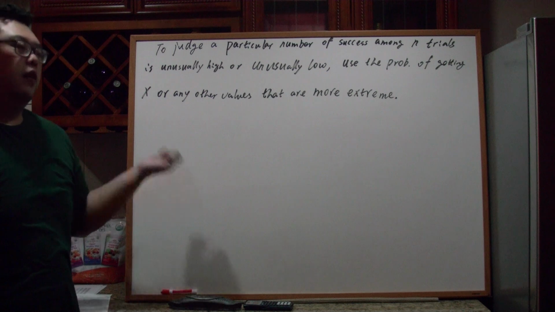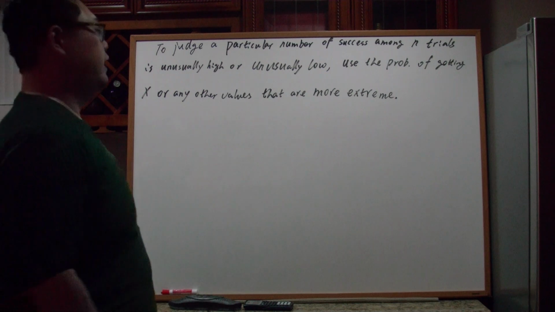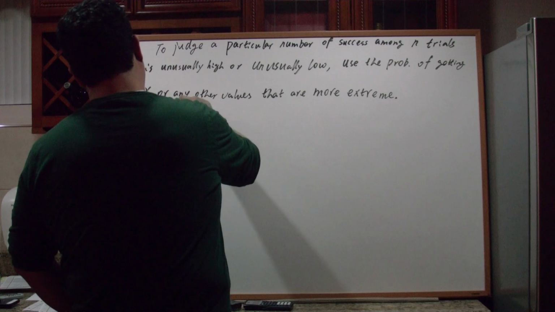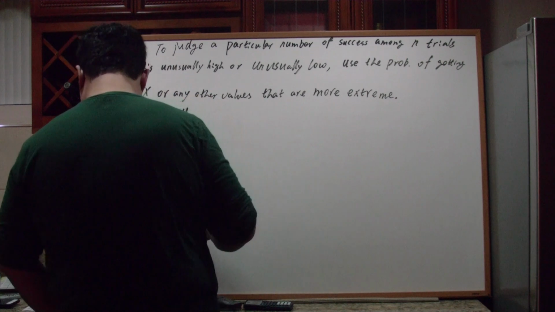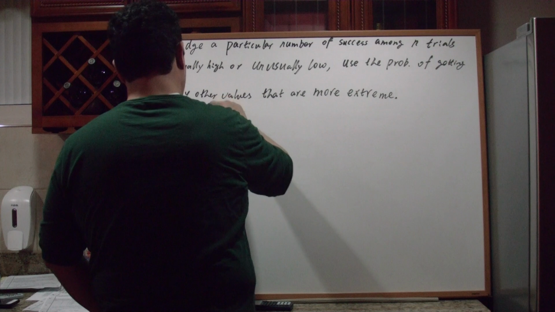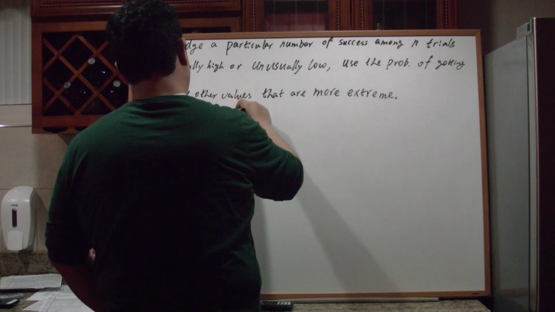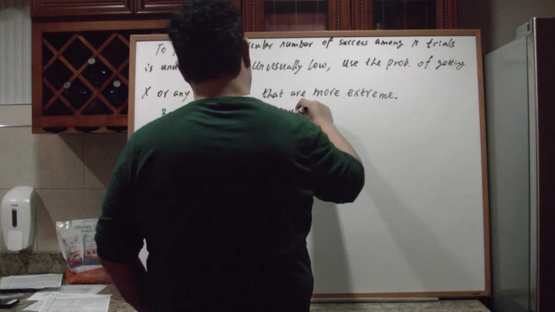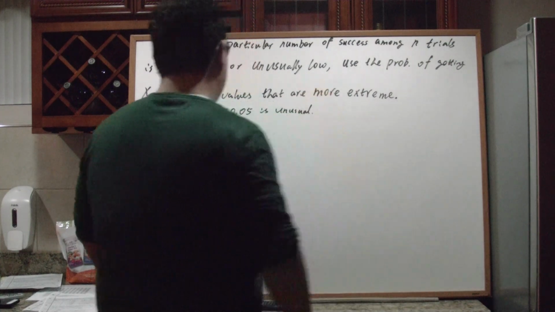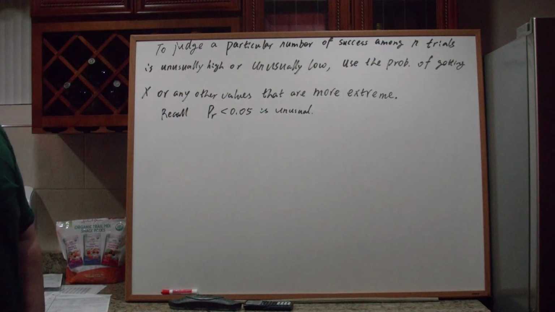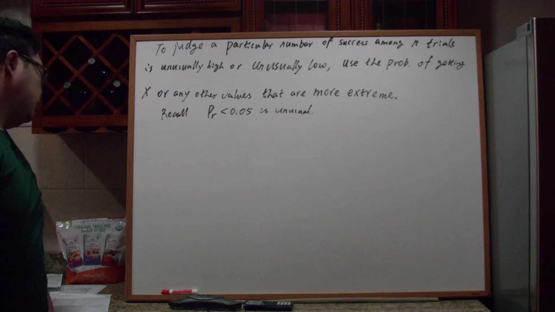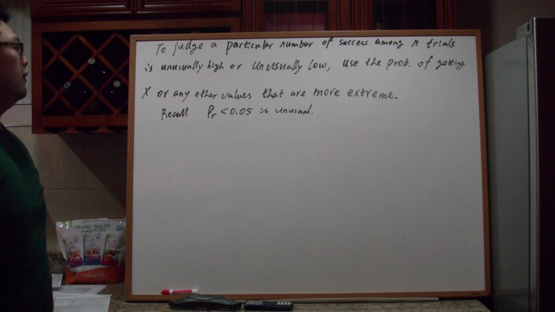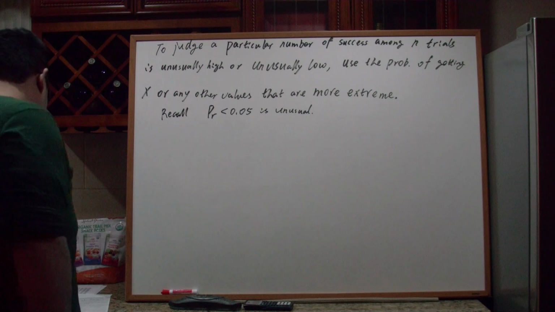How do we see unusual? If we still remember, we call that... if we have a probability smaller than 5%, then that is an unusual event, whether high or low, it doesn't matter.